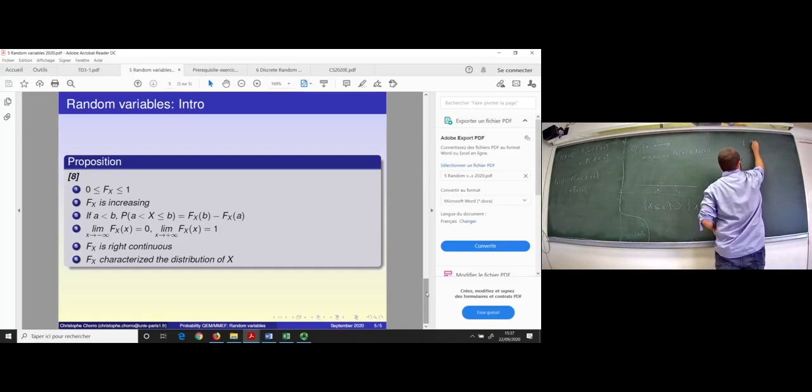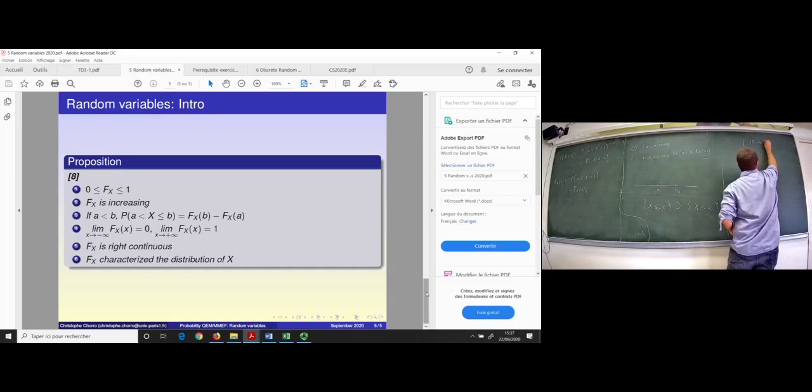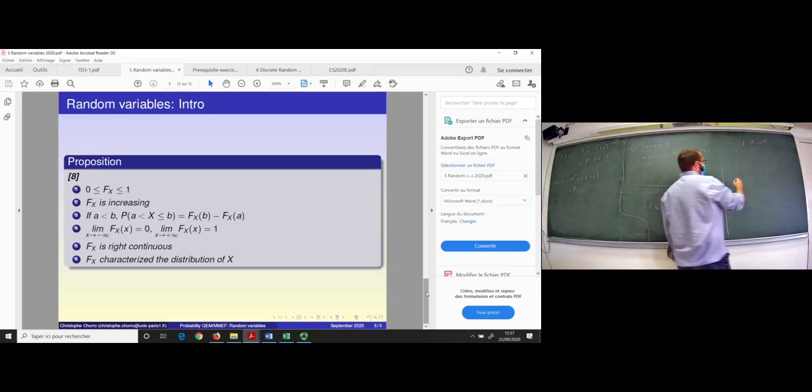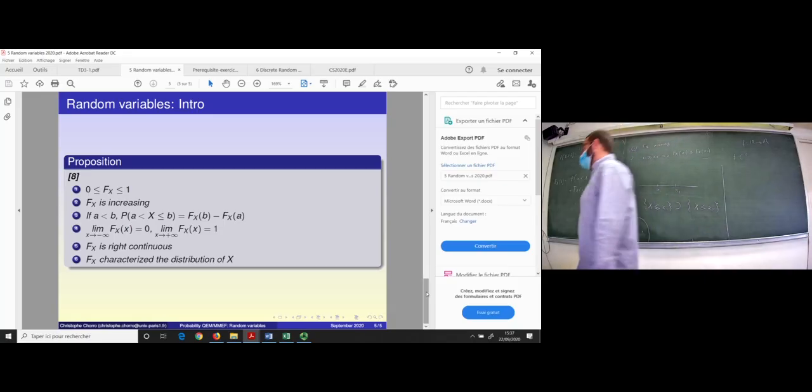Let me remind you of this. You have f from R into R. Continuity, so C0 means continuity. You can express the continuity in this situation using sequences.